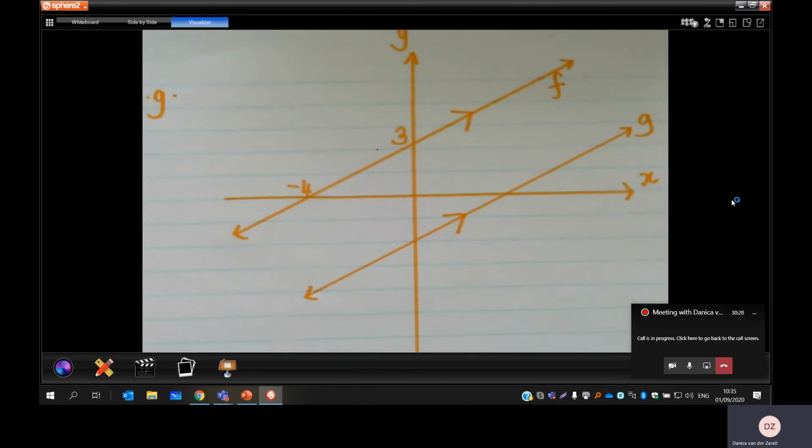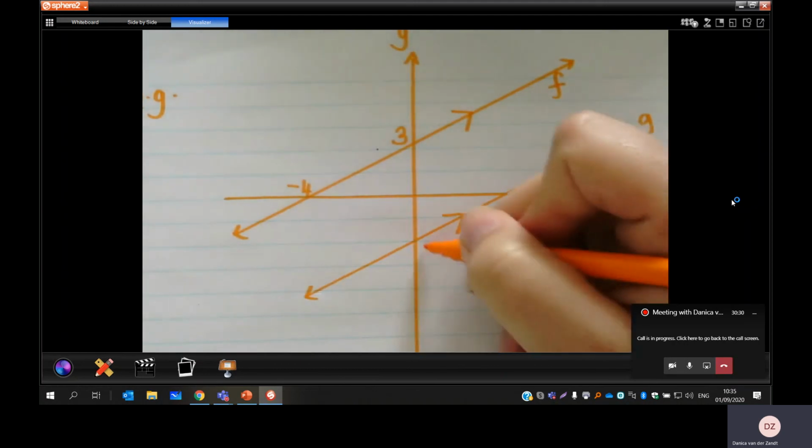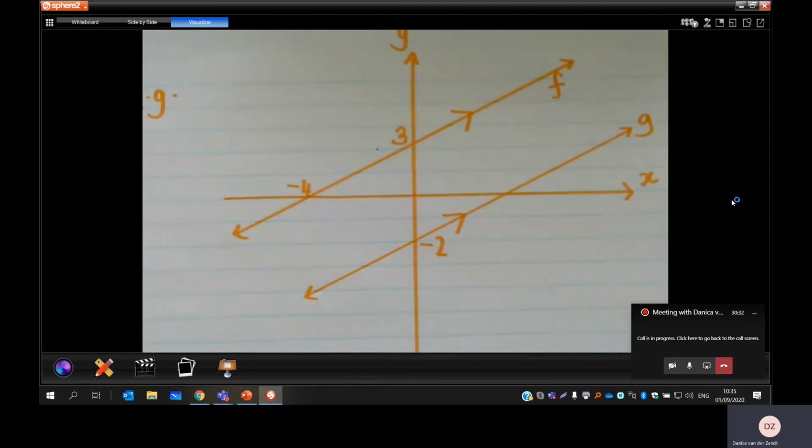So I get two lines. F has got -4 and 3 on those axes, and G has got -2 on that axis.